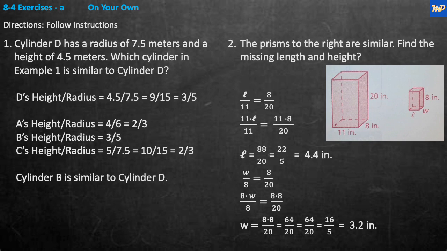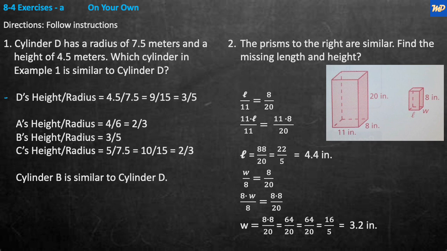Okay, so now that you've had time to look this over, we're going to start with problem 1. So cylinder D has a radius of 7.5 meters and a height of 4.5 meters. Which cylinder in example 1, that's the one with the 3 cylinders that we were looking at, is similar to D? Well, I started off by writing down D's ratios. So the height to radius, because that's what we had from the previous problem, is 4.5 to 7.5.